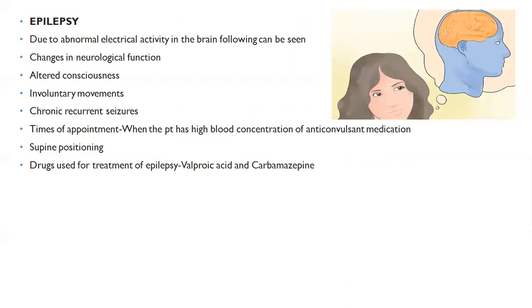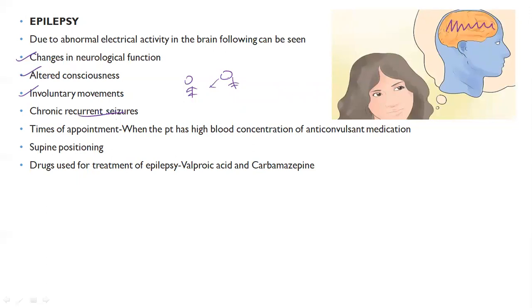Now, epilepsy. What happens in epilepsy is there is abnormal electrical activity in the brain, there are changes in neurological function, consciousness is altered, involuntary movements can be seen, and there are uncontrollable seizures. If you see a patient who falls down during the dental appointment, make sure you remove all the instruments, because when they have a seizure, they can be injured by anything surrounding them.